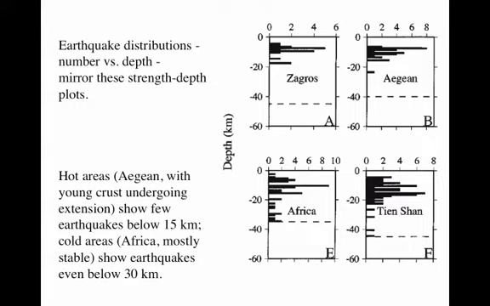So in hot areas like the Aegean, where young crust is extending, we see few earthquakes below 15 kilometers. In cold areas, as in Africa, that is mostly stable, there we see earthquakes even below 30 kilometers depth.